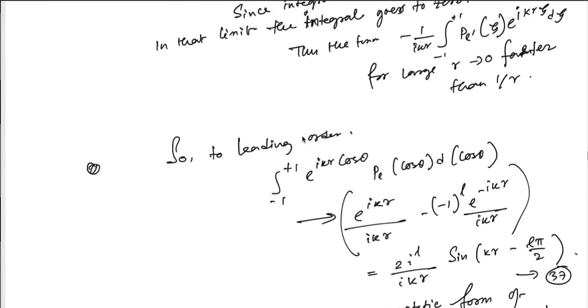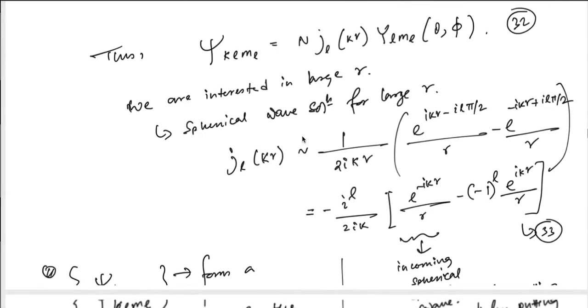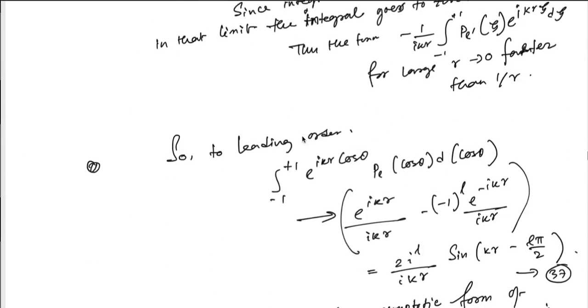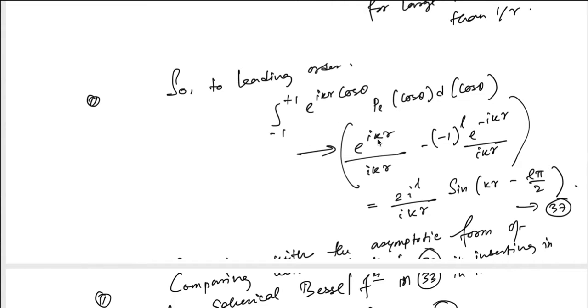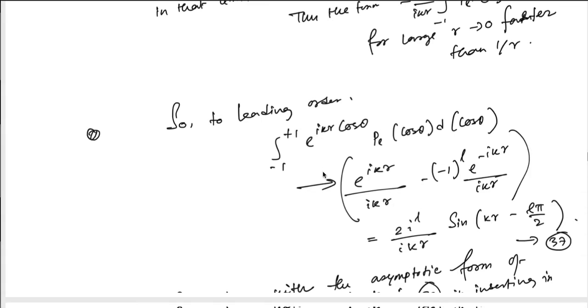So in the large R limit, where we are interested in finding the solution of this problem, psi_klm(r) becomes of this form up to leading order. Rewriting these two terms, this is basically 2 i to the power L by i k r times sin(kr minus L pi by 2).